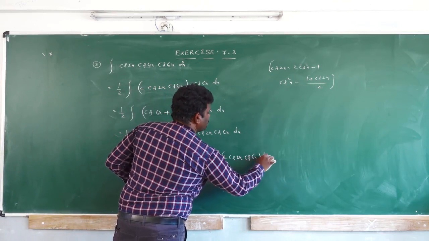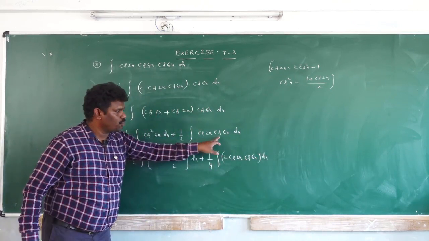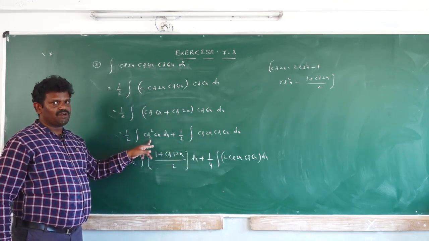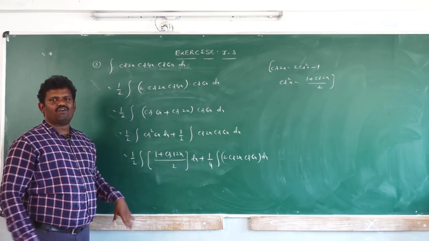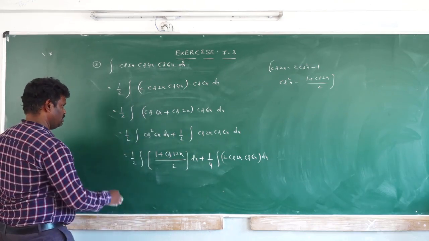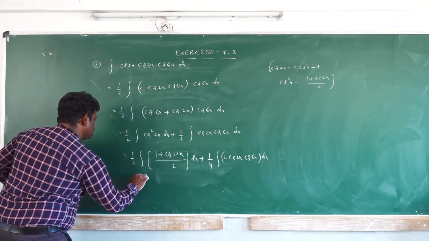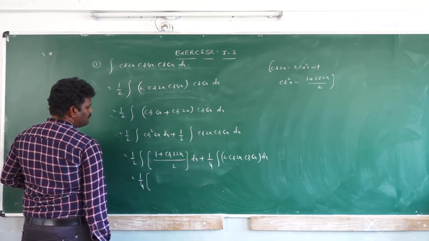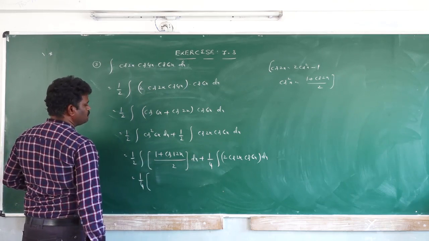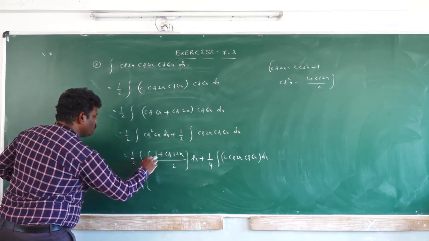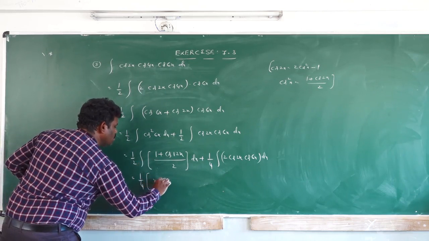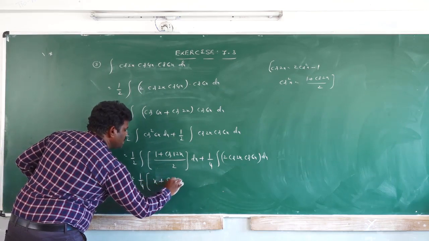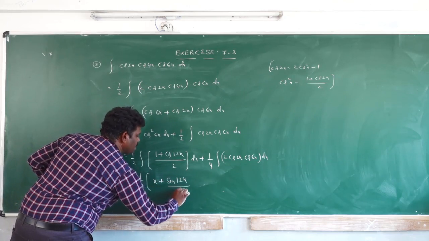Again we multiply and divide here because the product of two terms is there, but we convert it into the formula. Now simplifying, 2 taken outside, 1 by 4 integral of 1 plus cos 12x. The integral of 1 is x, next cos 12x gives sin 12x by 12.